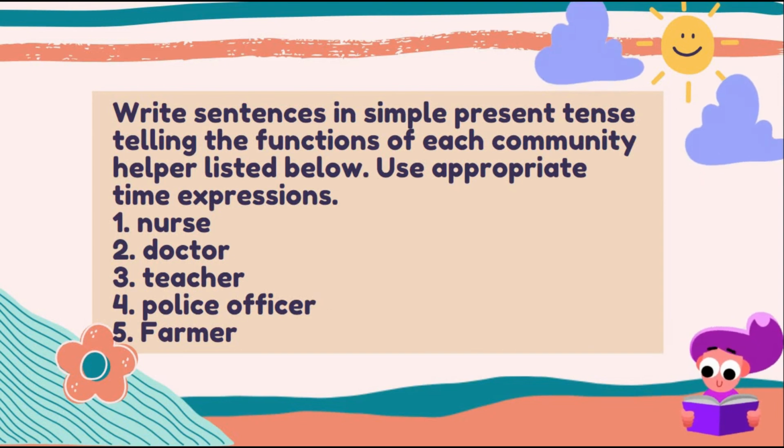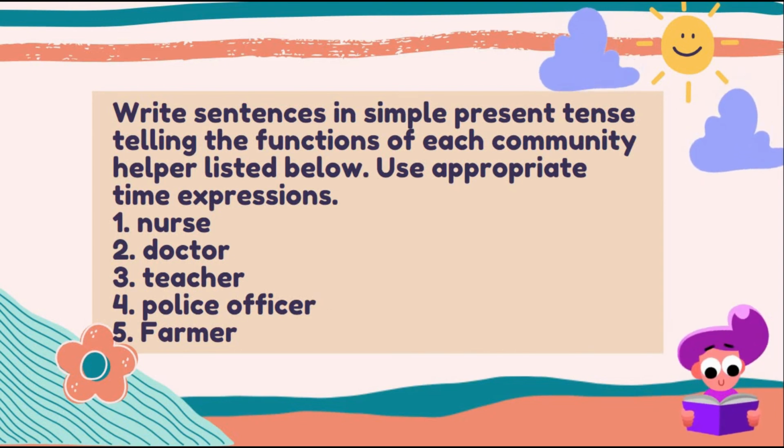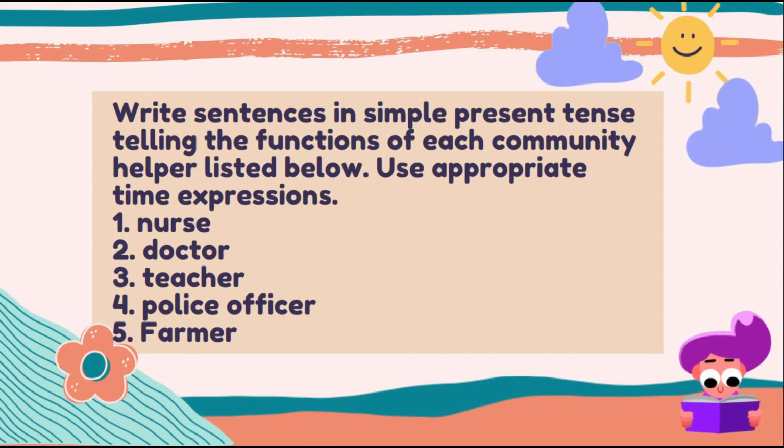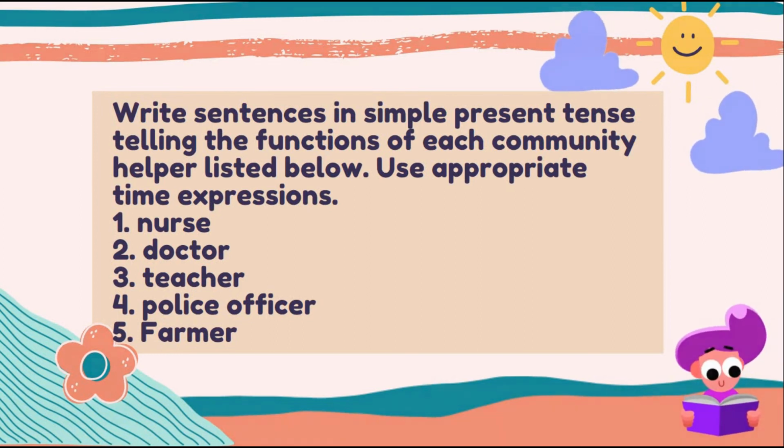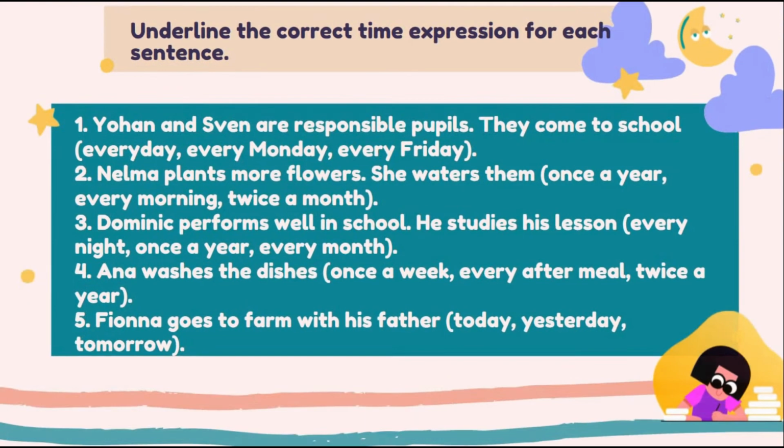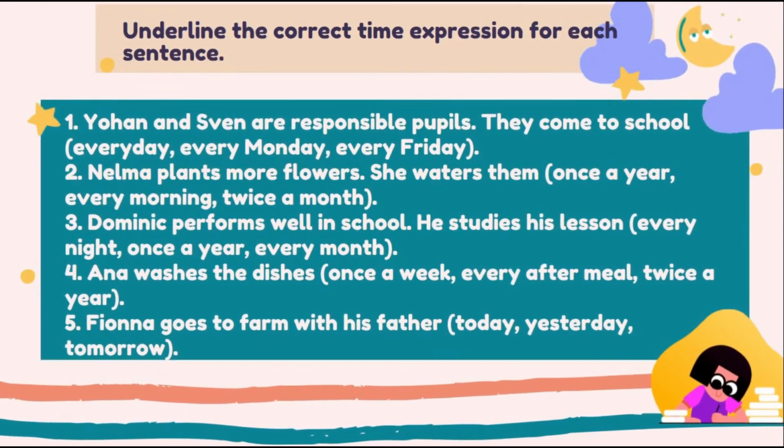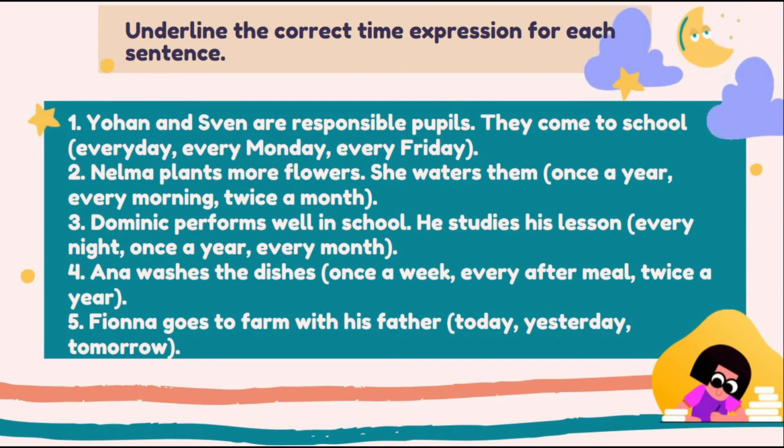Okay, very good, children. All the sentences you have given me are correct. I am very proud of your performance for today. So, moving on to our final activity, okay, to test whether you really grasped the concept of time expression.